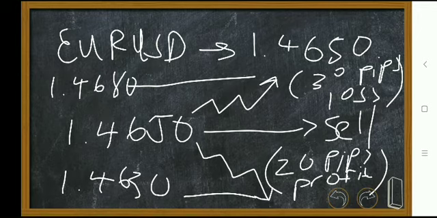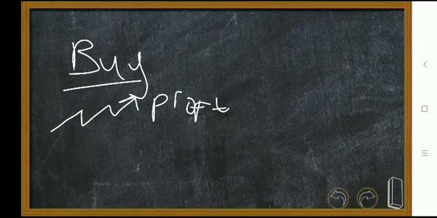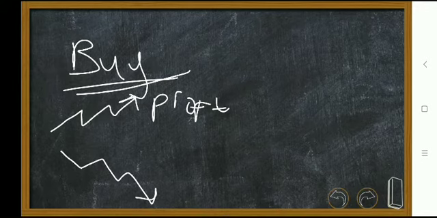I hope this is clear. If it's not clear, we're still going to see these things on demo. You can also ask questions if you don't understand. So, as I mentioned, when you buy and price rises, you make profit. This is for a buy. And if price falls, you start making a loss.